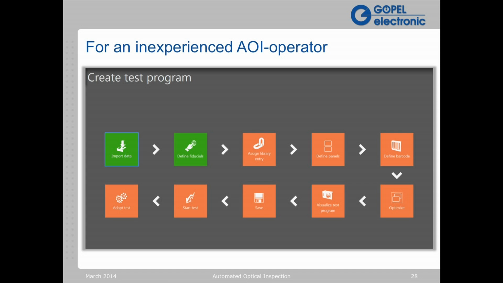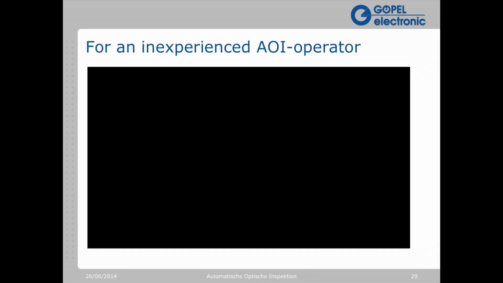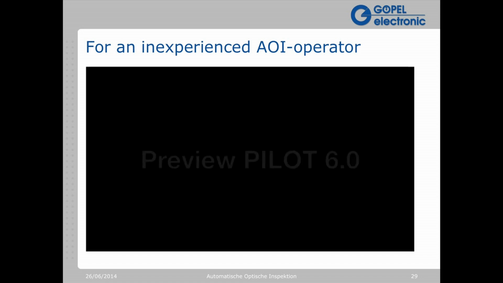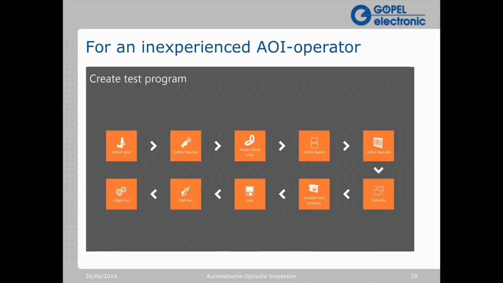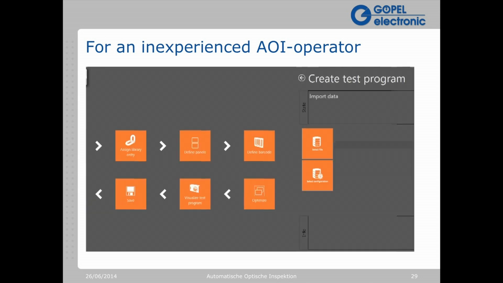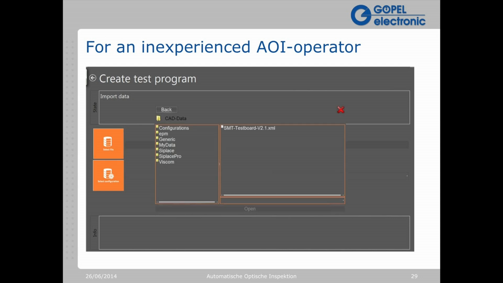To show you a quick video that illustrates this flow a little bit better, here's a short video of the use of this system. First, CAD data is imported into the system. Once the CAD import is complete, we can go through and define fiducials and import library components and assign those to components on the board.